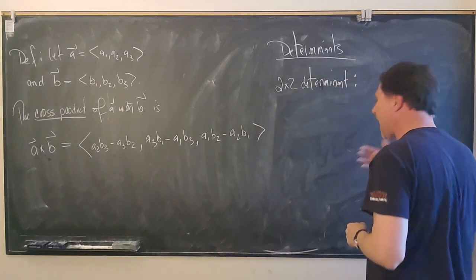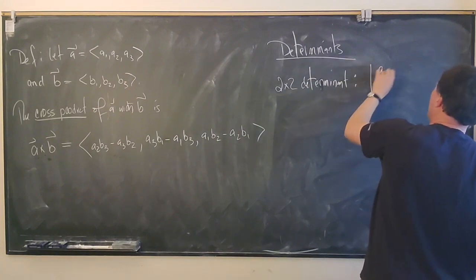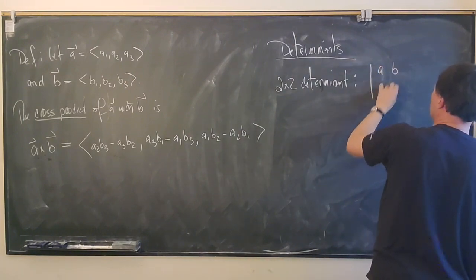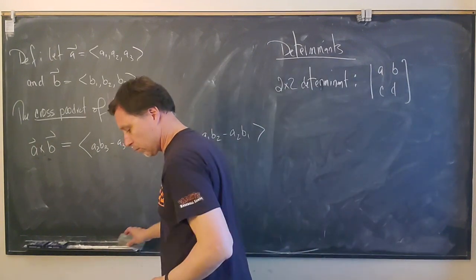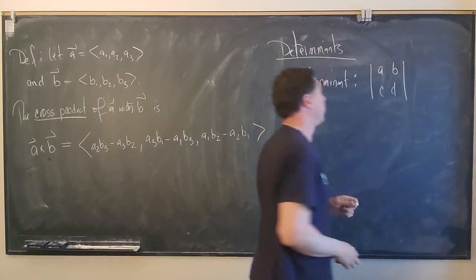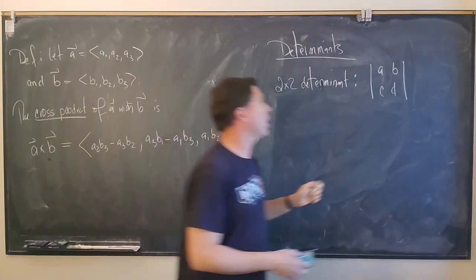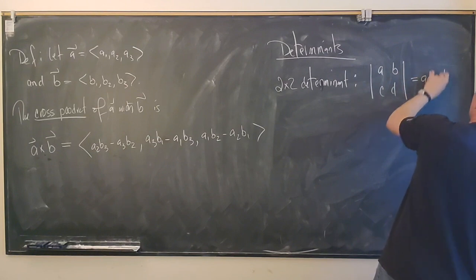And so if you have four numbers arranged in a square-like fashion, arranged in a square like this, you can take what's called the determinant of those numbers, and the computation is A times D minus B times C, right?